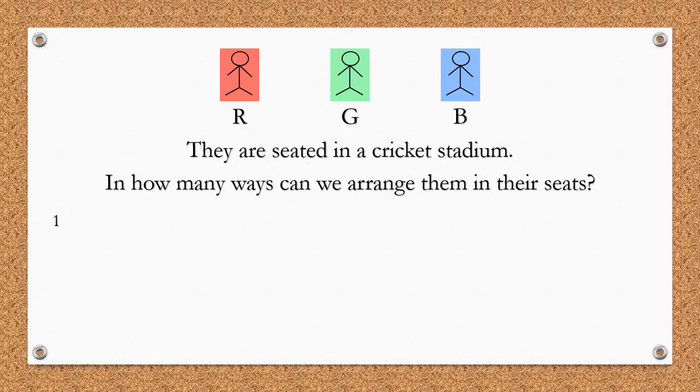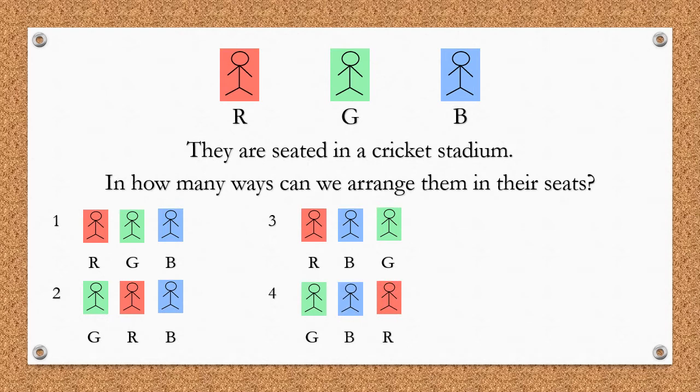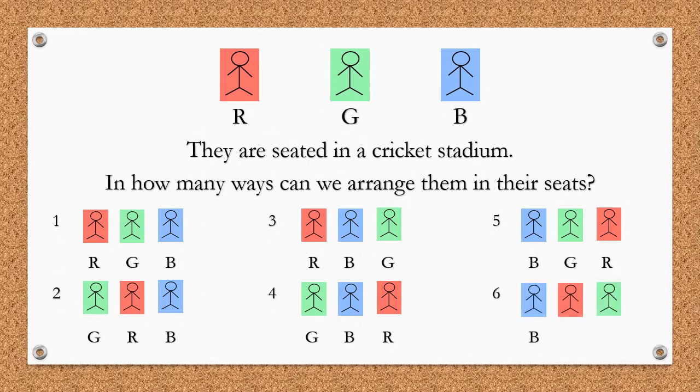Let's take something practical here. The first way is R, G, and B, red, green, blue, as they are. Then I make a slight change: G, R, and B. Then R, B, and G. Then G, B, and R. Then B, G, and R, and lastly B, R, and G. As you can see, these are the only possible methods in which I can arrange these three friends.